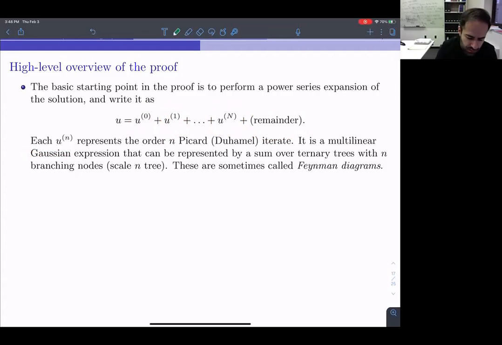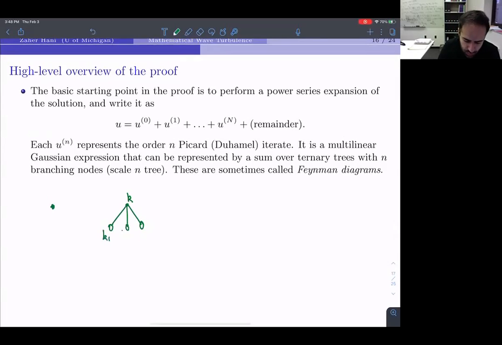So what are those? The U0, the 0th iterate, is represented using a simple vertex. The U1 is represented by a ternary tree with one branching node. So this would be the root, and then it has 3 children, and we decorate those 3 children using wave numbers such that k is equal to k1 minus k2 plus k3.